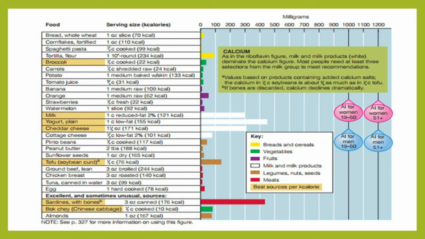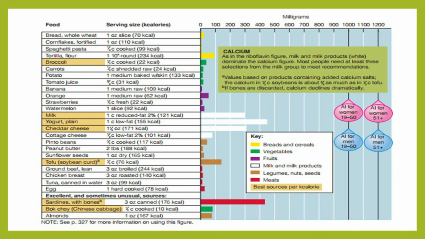For children aged 1 to 3 years, the recommendation is 700 mg. For children aged 7 to 12 months, the recommendation is 260 mg. And for children aged 0 to 6 months, the recommendation for calcium is 200 mg.